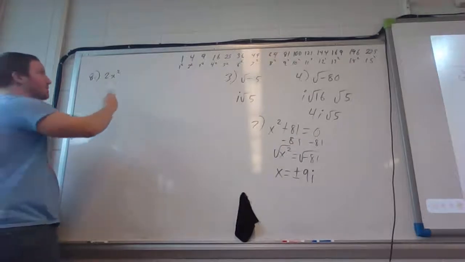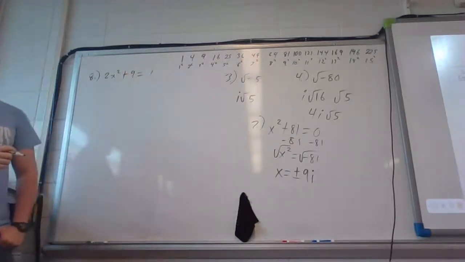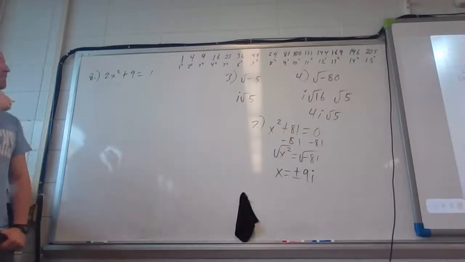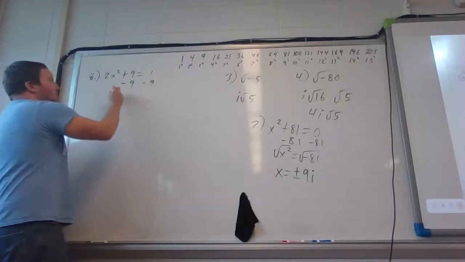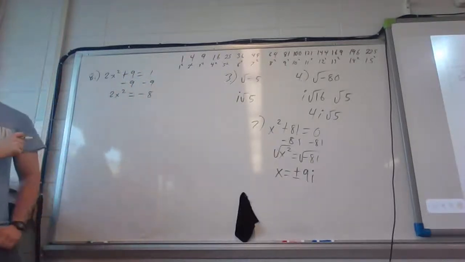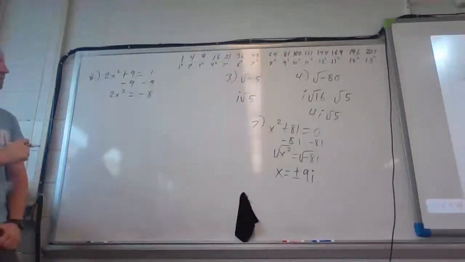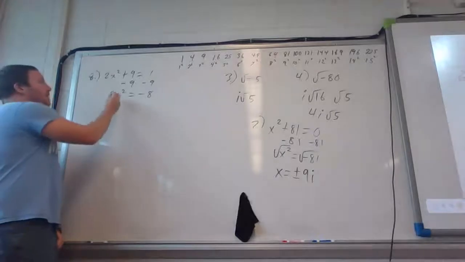2x squared plus 9 equals 1. So what would be our first step? Subtract our 9. So we get 2x squared equals negative 8. What do we do next? Divide by 2.